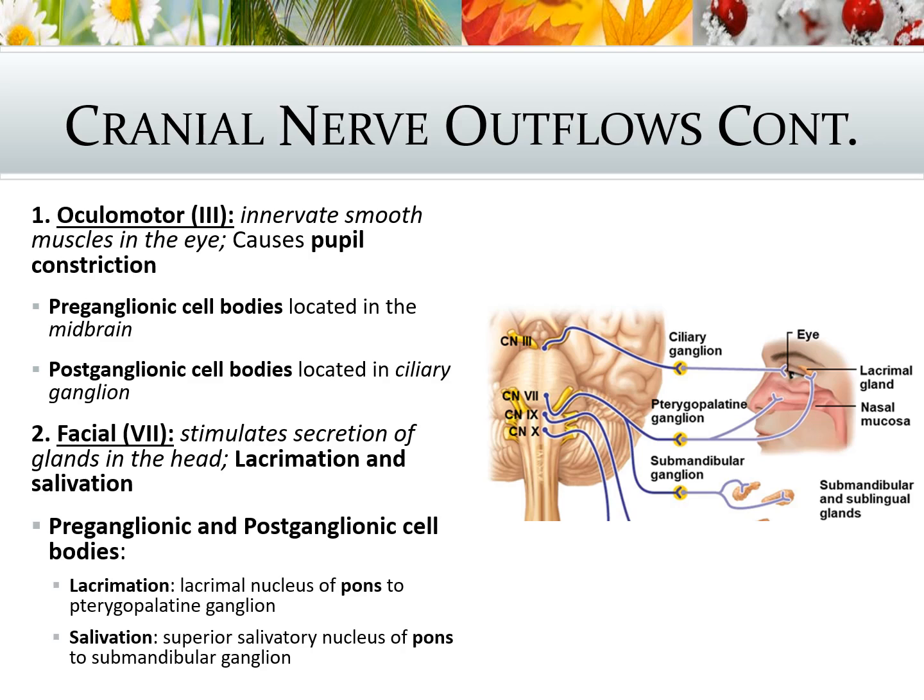Don't worry too much about where these are coming from, but we have the preganglionic fibers in the pons of the brainstem. Then we have 2 different ganglia that our postganglionic fibers come from, the pterygopalatine ganglion and the submandibular ganglion.